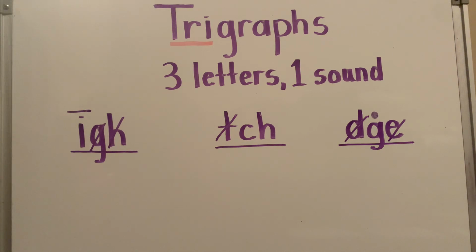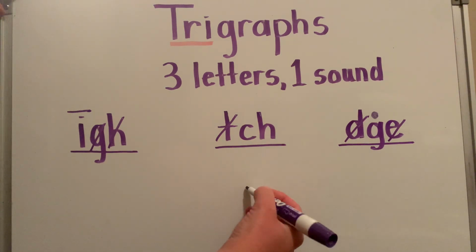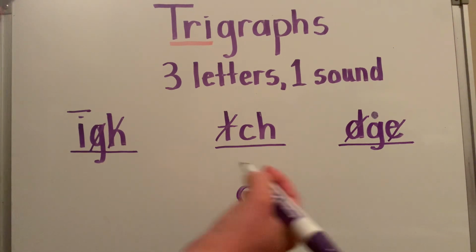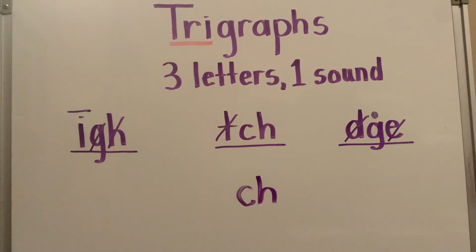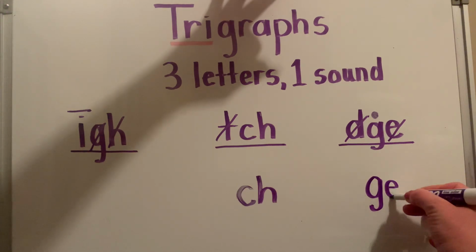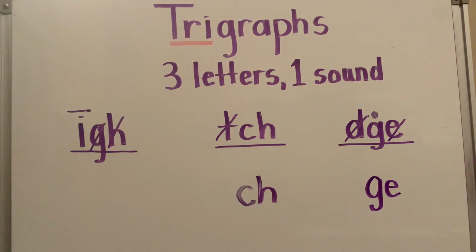That's right, because there are other patterns that make the same exact sound on the end of a word. The CH digraph makes the same exact sound as the TCH trigraph, and GE on the end of a word made the same sound as the DGE trigraph.